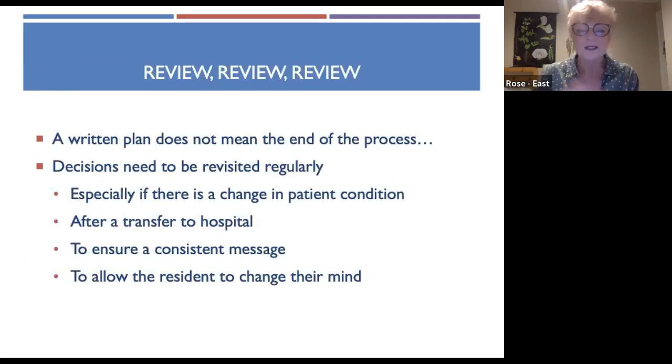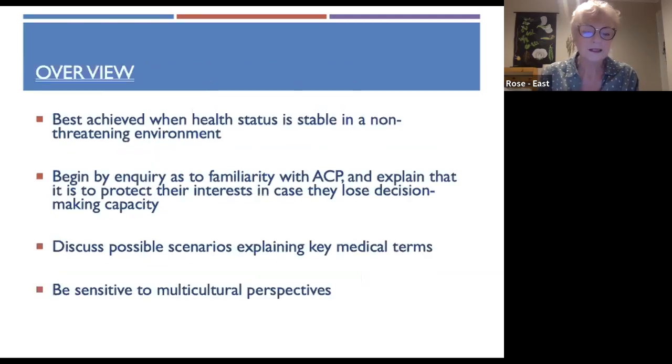Definitely review. It needs to be constantly talked about, as I've said before. So there's the overview of advanced care planning. It's best done when your health status is stable and you're in a non-threatening environment.